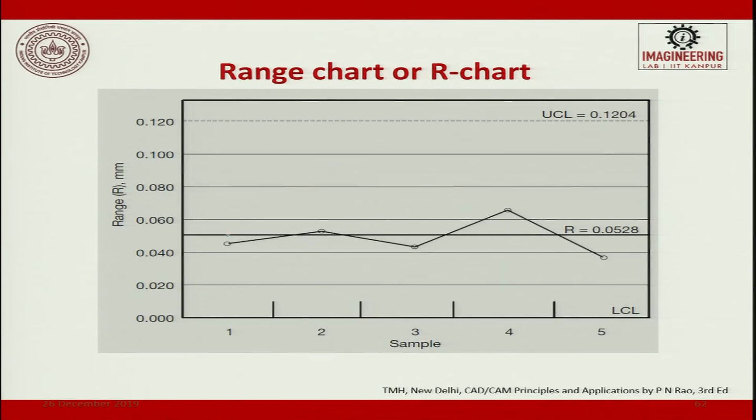If you see an R chart, this is the range and you can see how the samples have performed. The UCL, upper control limit, is 0.104, and the range is 0.0528. So, now we say whether the process is under control or not. This is typically a chart which shows how the data is recorded from CMM and machine vision systems, such that this chart will also be stored along with the product.